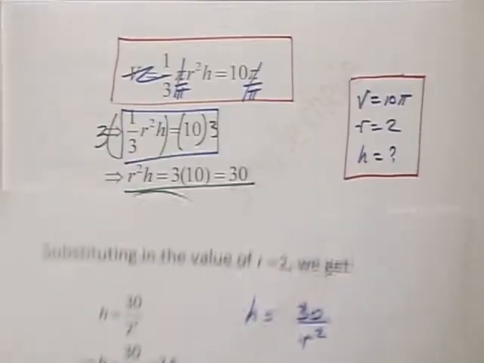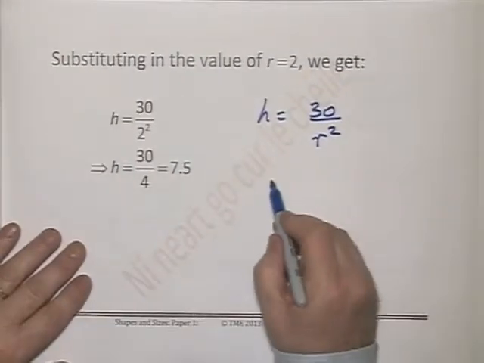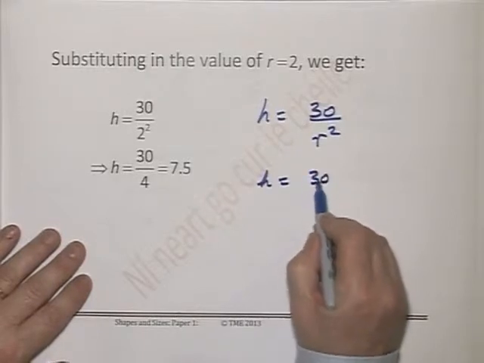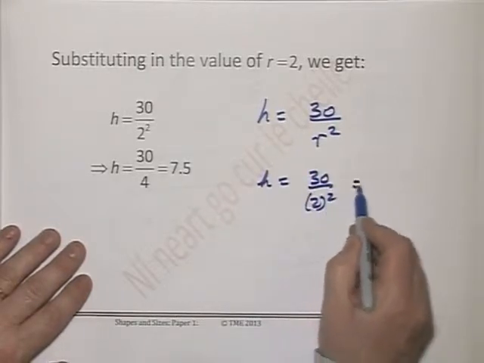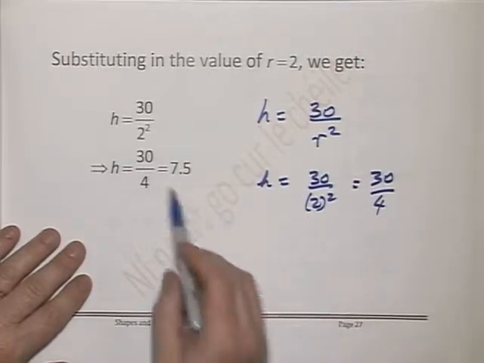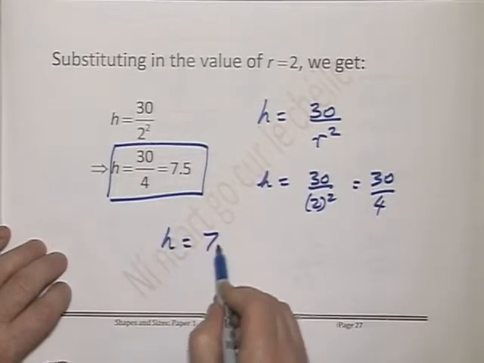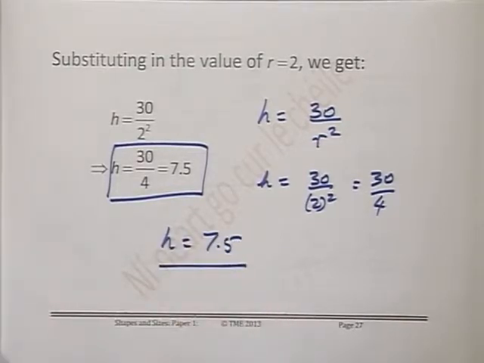But I was also told that r was 2. So if r is 2, h is equal to 30 over 2 squared, and that'll be 30 over 4. And 30 over 4 gives me 7.5, so h is equal to 7.5. That's what I was looking for. I found the variable on the left-hand side that I was looking for. It's done.